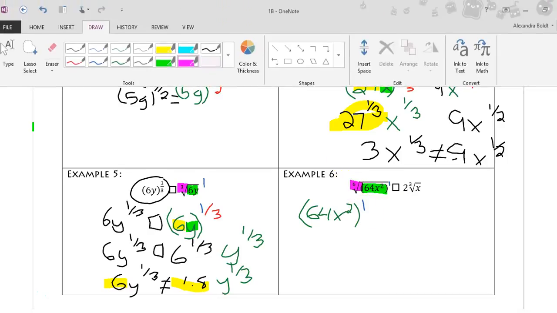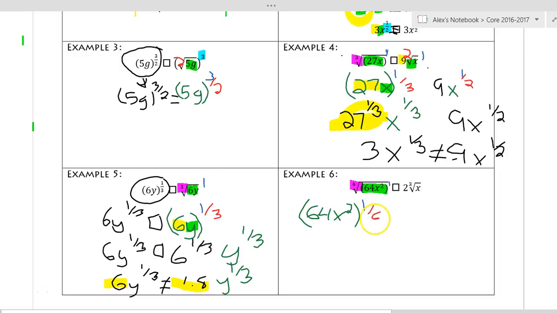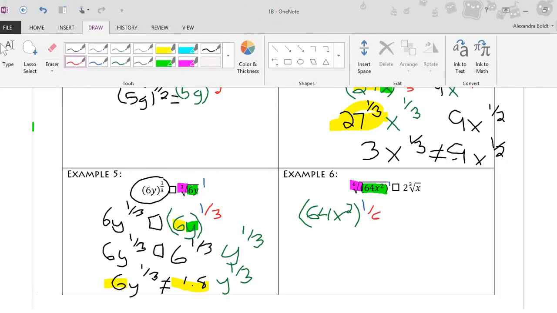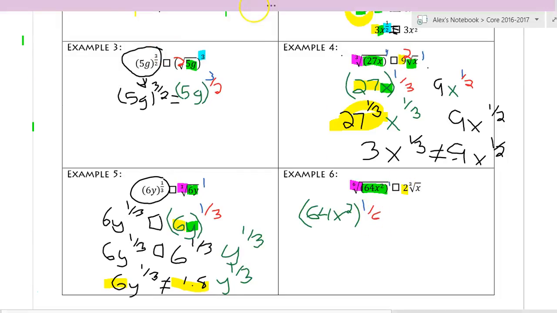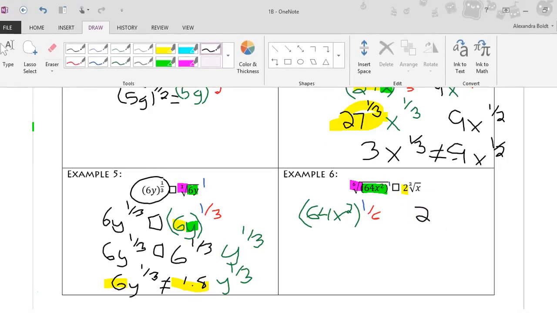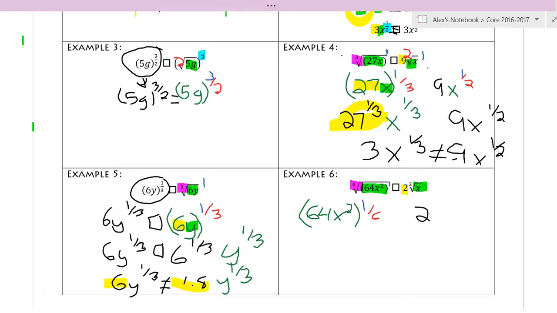And my root, so my denominator, is 6. On the right side, this 2 is just a coefficient. It gets to go out in front. Then my base x is being raised to the power of 1, because there's nothing there. And my root is 3. Right, so 2x to the 1/3.